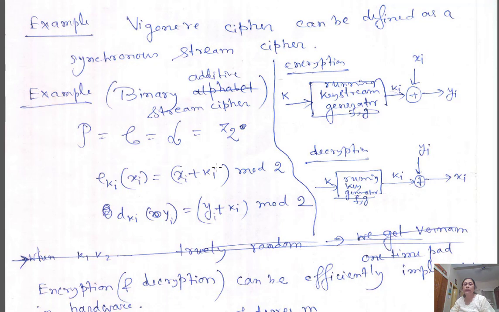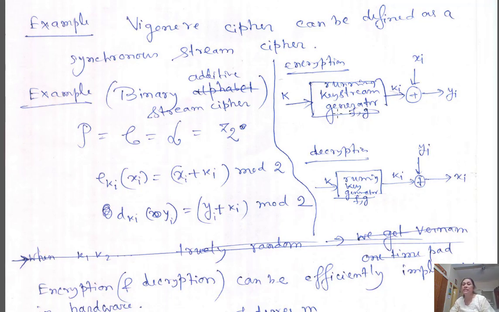This is your binary additive stream cipher. This key stream generator may be your LFSR, and in that case G is your LFSR and F is the shifting property, the state function. The initial state has each register holding the initial bit string, the initial vector, and the shifting is done. So the next step is defined by the shift function.